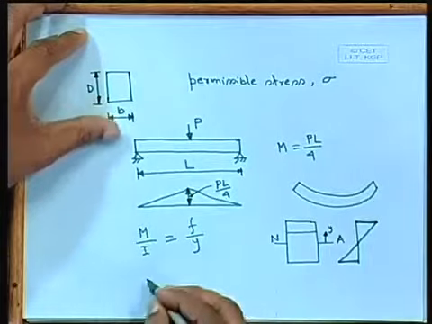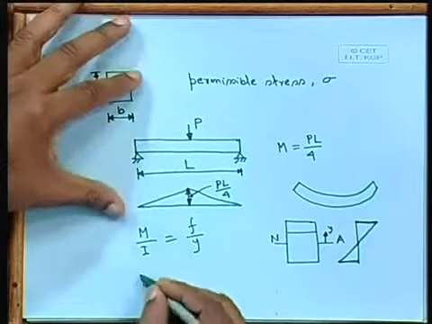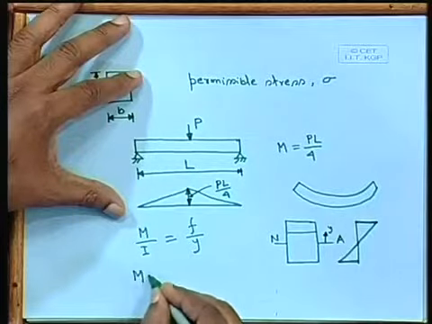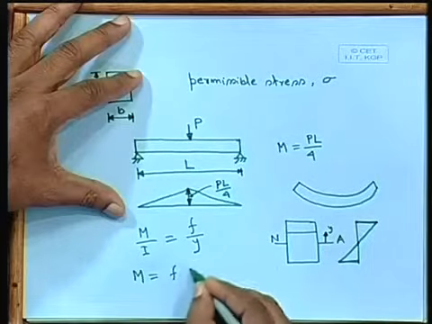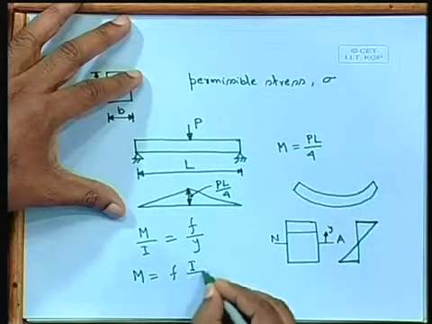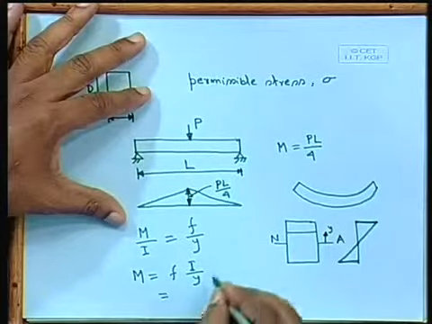So, now we shall consider this particular one. This is the equation M by I equal to F by Y. So, M will be equal to F times I by Y, and we shall get it here.